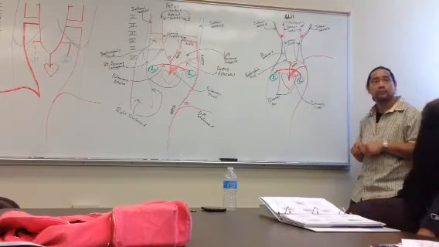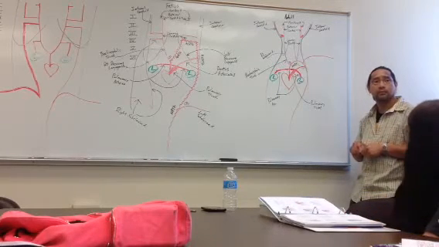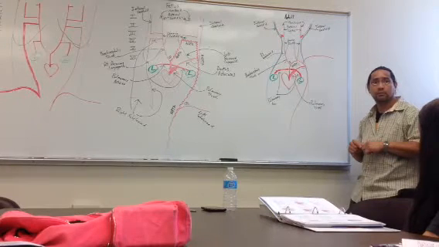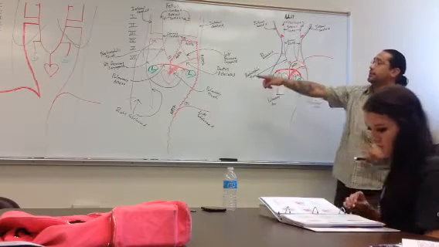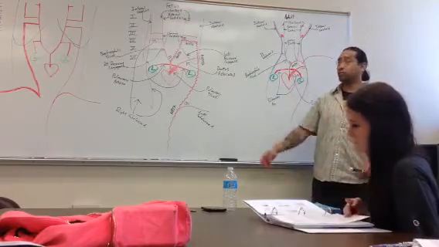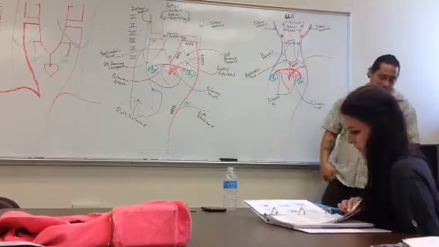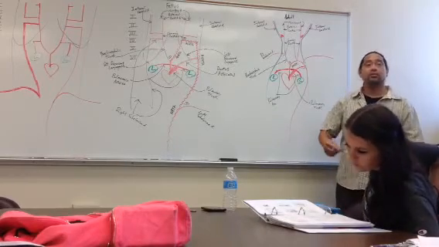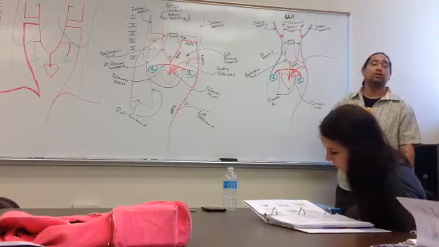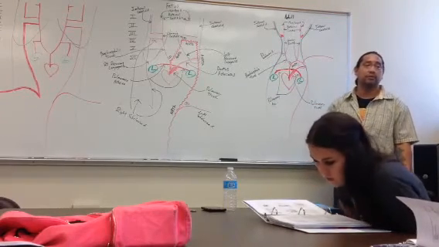I have a question. You can answer it later if you want. But why is the ductus arteriosus still patent in the fetus? Because the fetus is not breathing air, right? So for lecture 7, we're going to talk about this. The fetus is not breathing air, and so it's getting all of its oxygen not from the lungs, but from the placenta, from the mother.